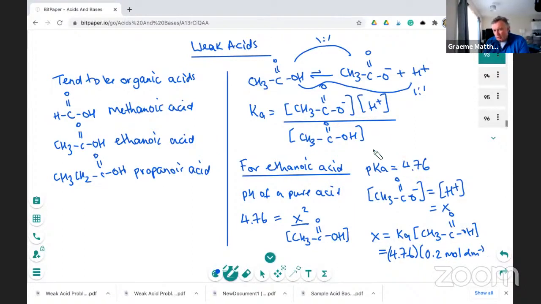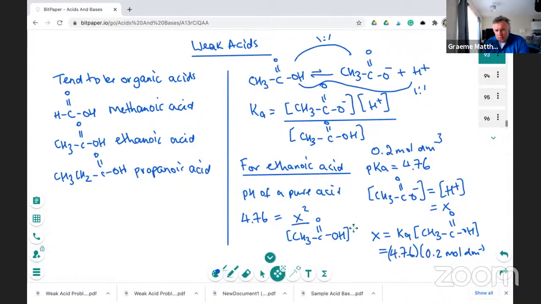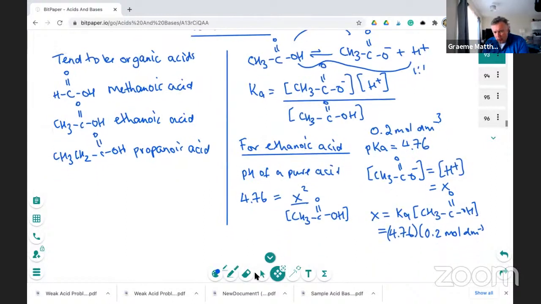So I'll put it down here again, 0.2 molar per decimeter cubed, like this. Just keep the numbers the same as in the next bit. All right, then.